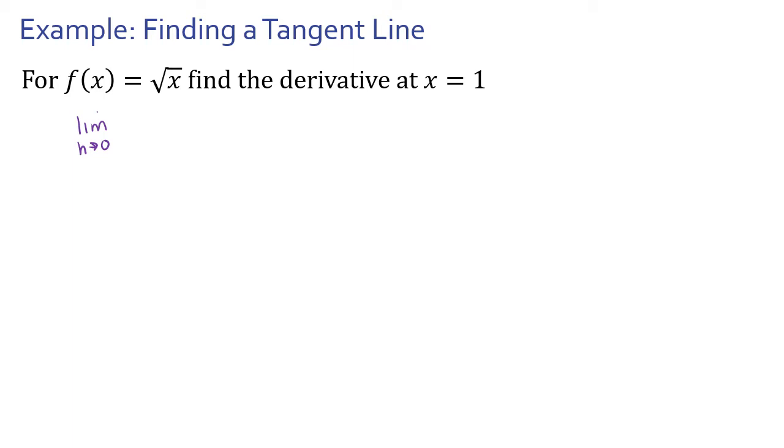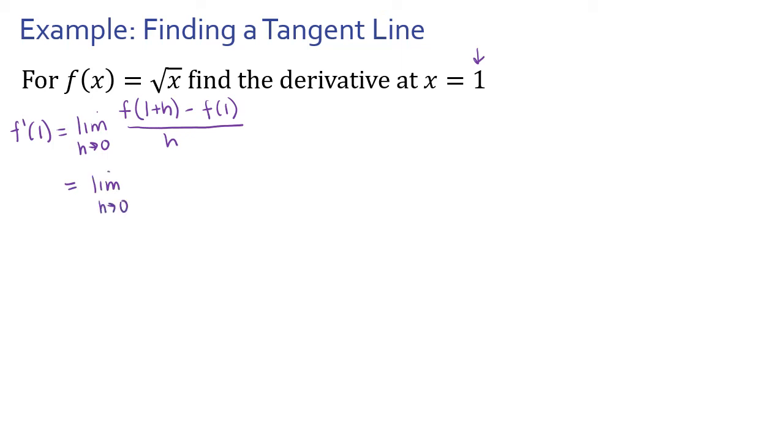So that formula was the limit as h approaches 0 of f of a plus h, so our a value is 1, minus f of a, all over h. And let's actually say what I'm doing. I'm finding the derivative when x is 1. So this is taking the limit as h is approaching 0.